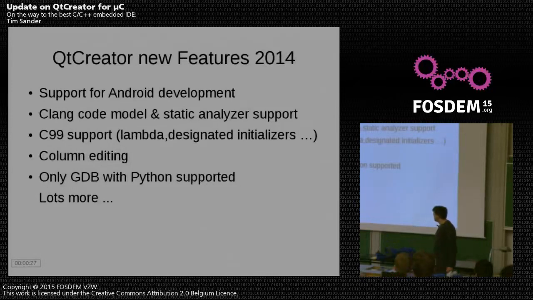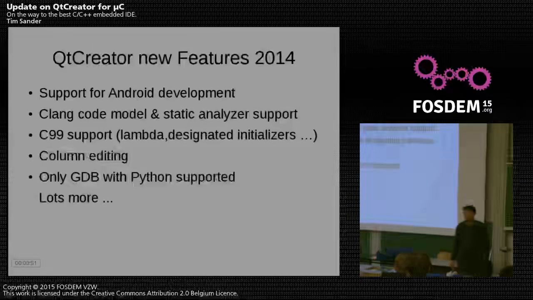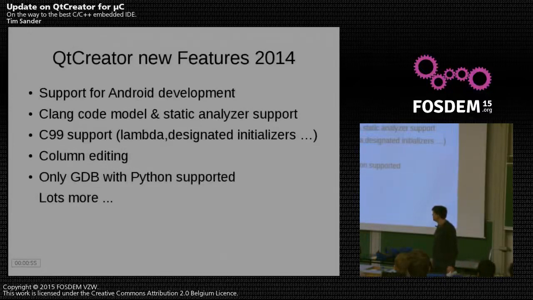You have column editing, so you can do some block editing and stuff like that on multiple rows. One thing that's a misfeature for the embedded stuff is that you need a GDB with Python support enabled, because they dropped support for GDBs without Python scripting support, which is mainly bad for the people working on non-Linux platforms.